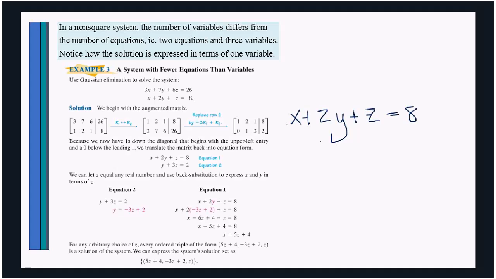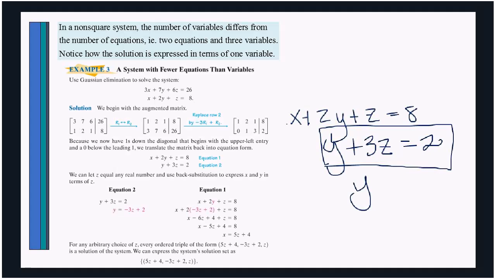But we have y plus 3z is equal to 2. And then what we can do is solve for y with this equation. So y is equal to 2 minus 3z, where z is any real number.